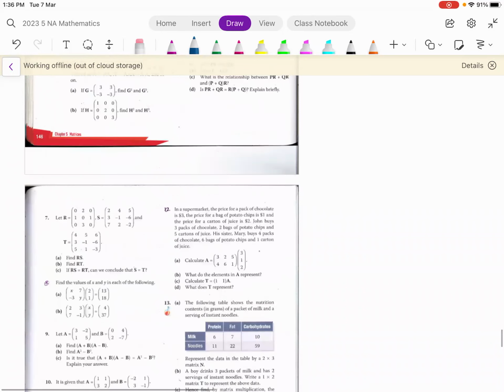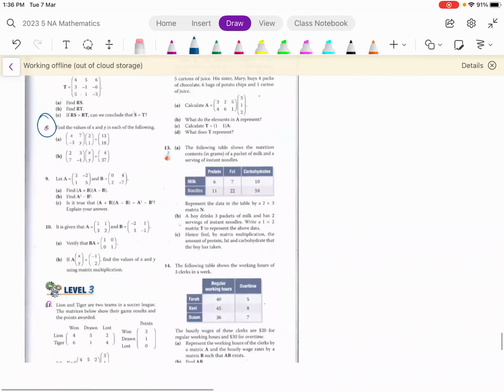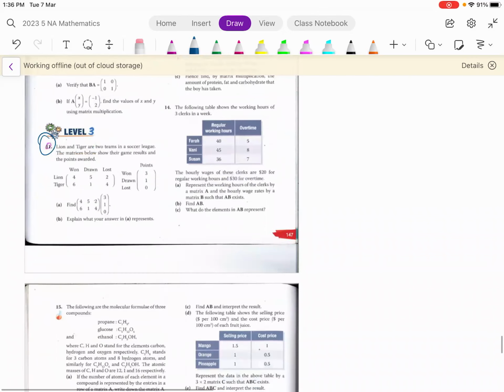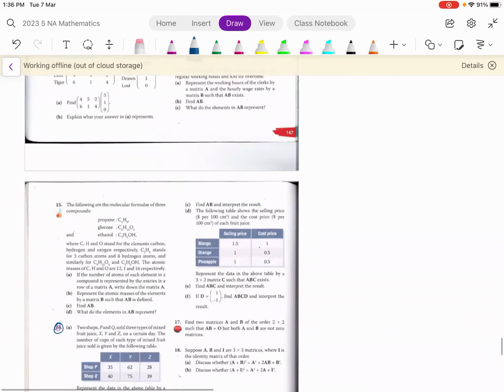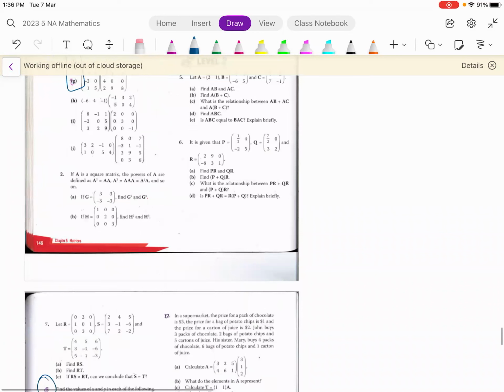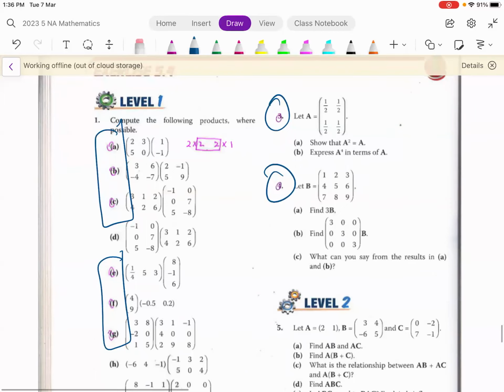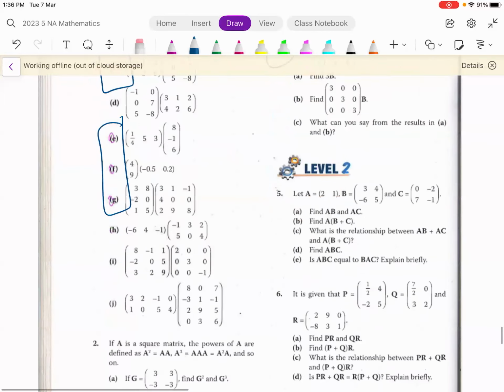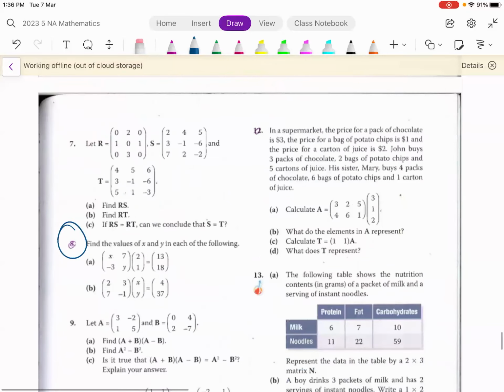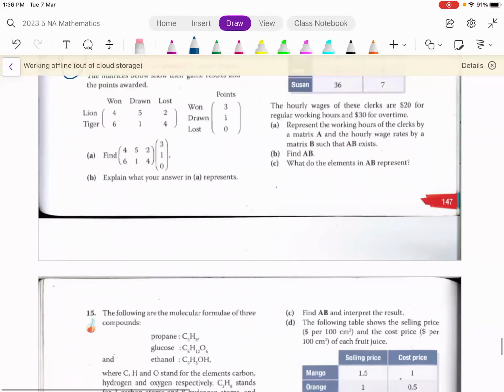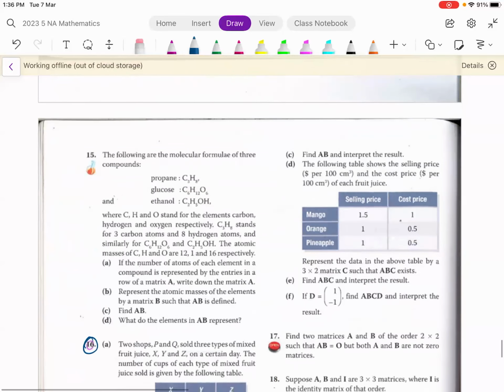And then question 8, 11. So exercise 5.4, question 1, A, B, C, E, F, G. Question 3, question 4. And then you move on to the next page. Question 8, 11. And then you move on to the next page, 16.